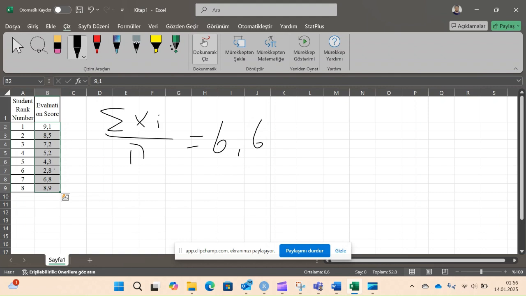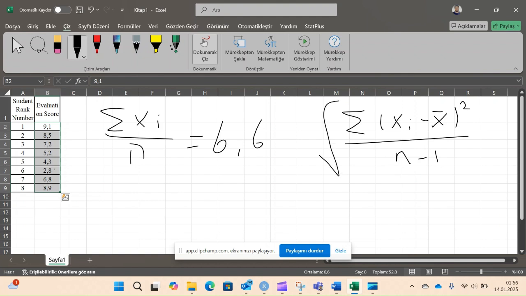Okay, so when I calculate the standard deviation, I subtract the mean from the observations. The formula is: the sum of (x_i minus x mean) squared, divided by the sample size minus 1, and then the square root.